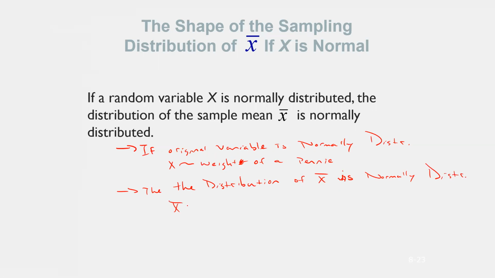X bar was, even in the first example, the sample mean weight of a random sample of 5 pennies. Which I think makes sense. If the original variable is normally distributed, well, then the average of that random variable should also be normally distributed.